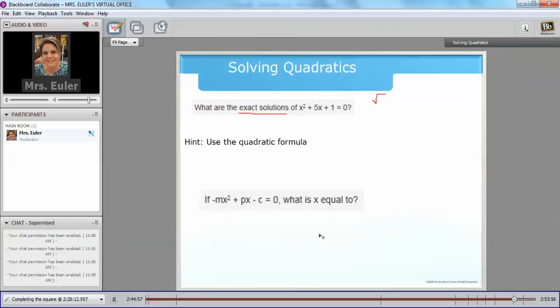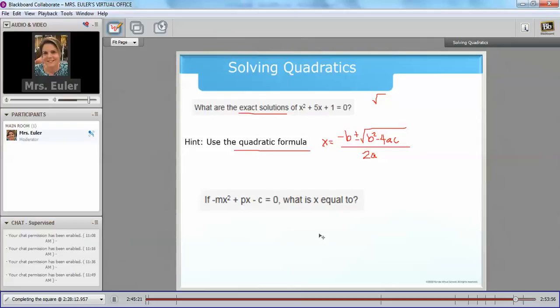So we're going to use what's known as the quadratic formula to do this. The quadratic formula, if you remember, is x equals negative b plus or minus the square root of b squared minus 4ac, all over 2a. Now notice this formula is very similar to what we've been using.